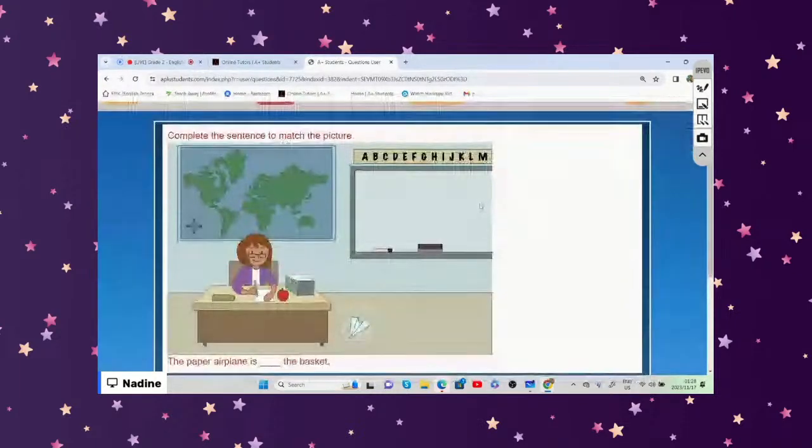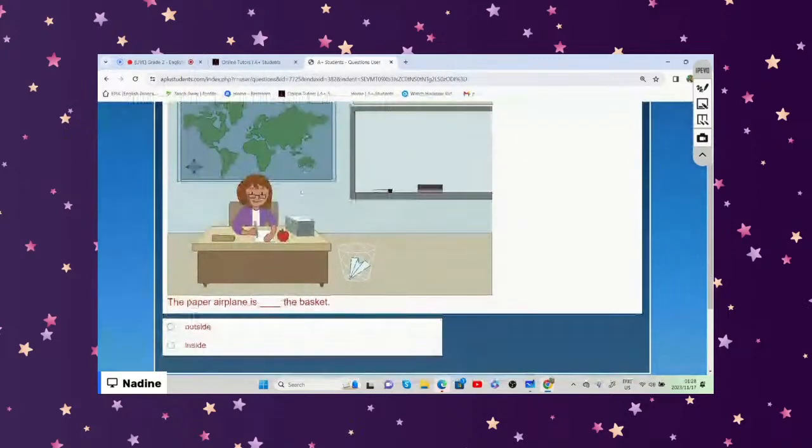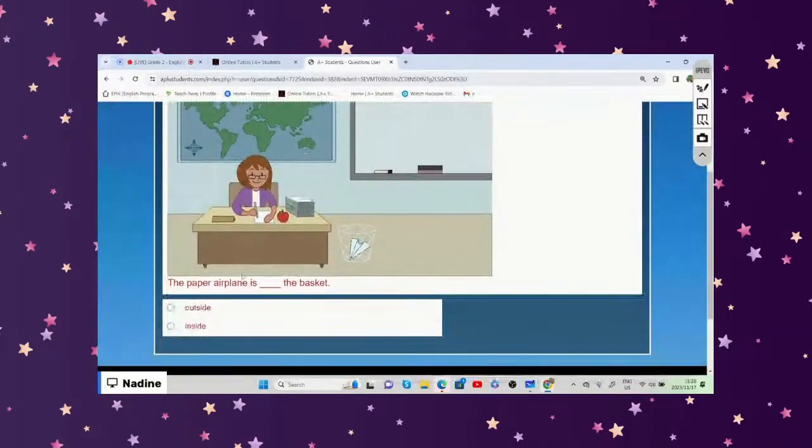And then we need to match the picture with the preposition. The paper airplane is. Do we say outside the basket or at the basket? So we can basically say that the airplane is inside the basket.